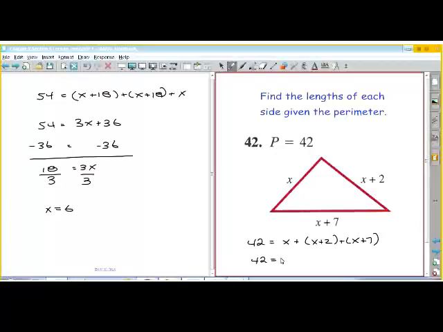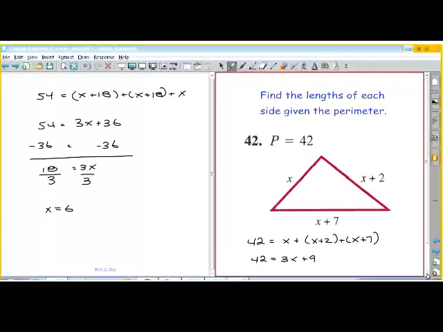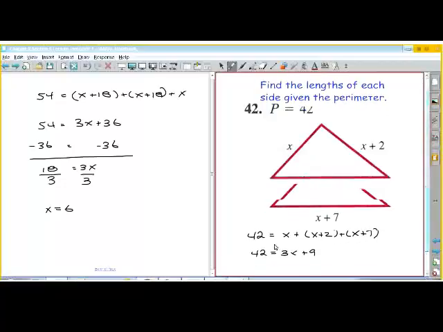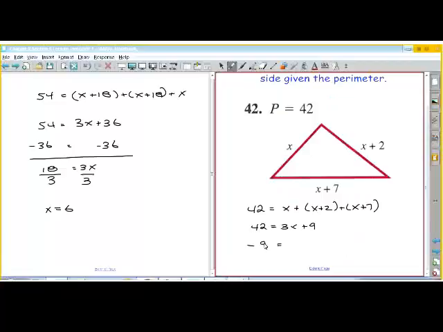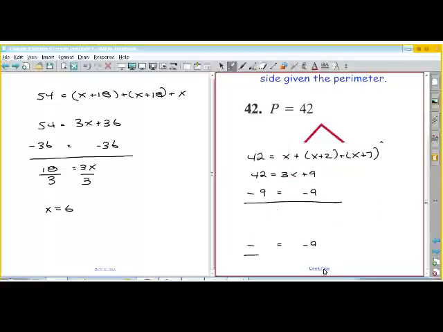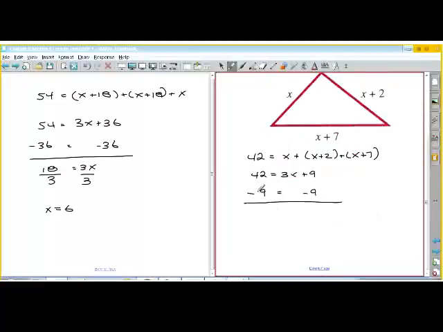Again, we have 3 x's, so we'll combine those together into 3x. Then we have 2 plus 7, which is 9. Then we're going to subtract 9 from both sides. So 42 minus 9 is 33.